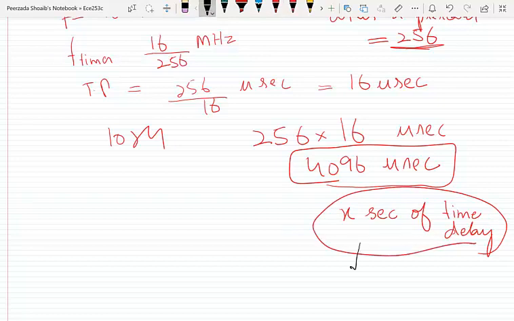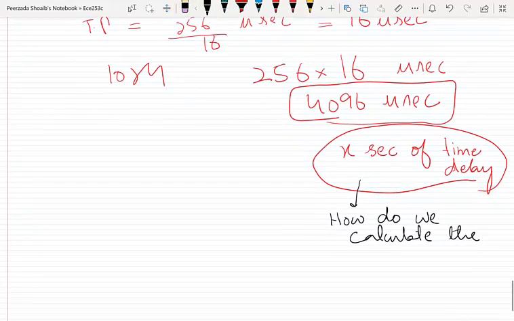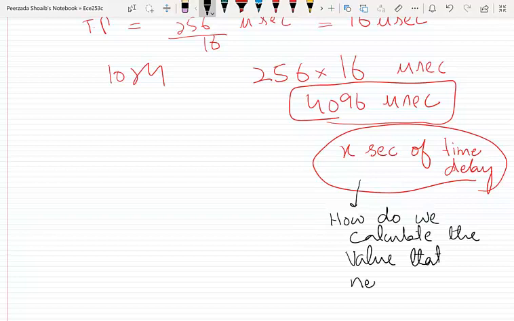How do we calculate the value that needs to be loaded in the timer counter register, that's TCNT0 in our case for timer 0?